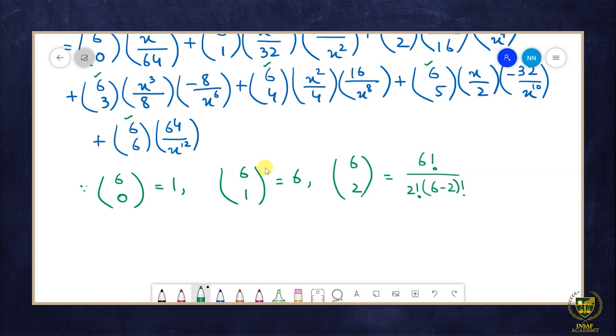This is equal to 6 into 5 into 4 factorial over 2 factorial into 4 factorial. 4 factorial cancels with 4 factorial. 2 factorial is 2 and 6 into 5 is 30. 30 over 2 is 15.